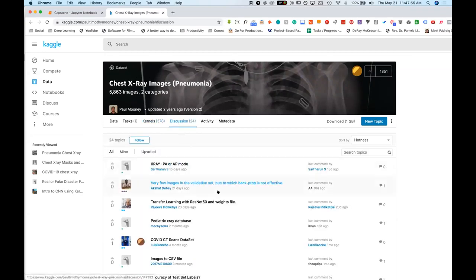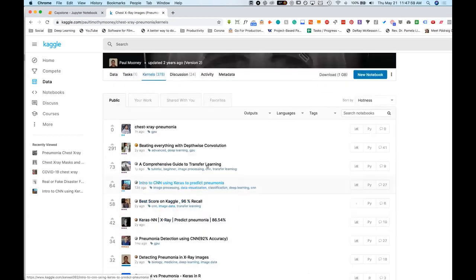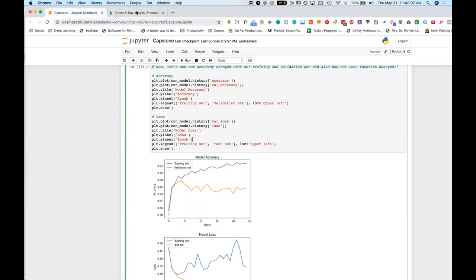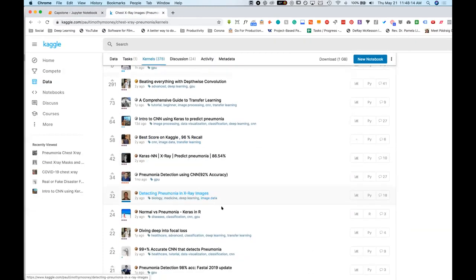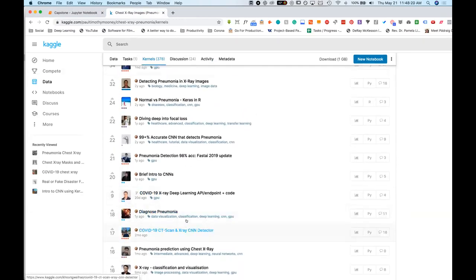I did find someone else's kernel, which I used to help me as I constructed my notebook here. This one says 98% accuracy. So I'm sure it can be tightened up quite a bit.